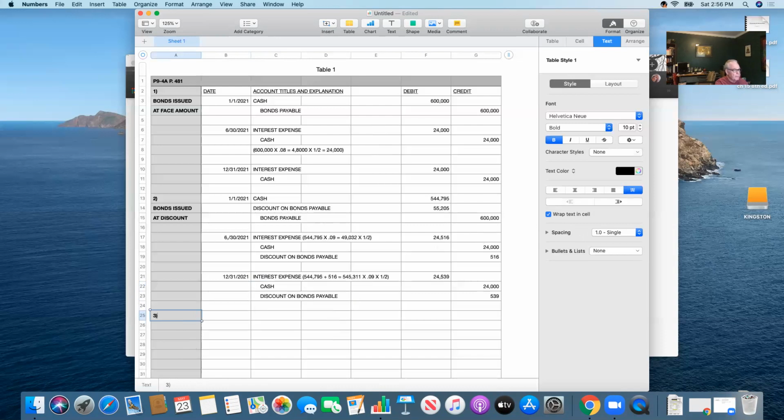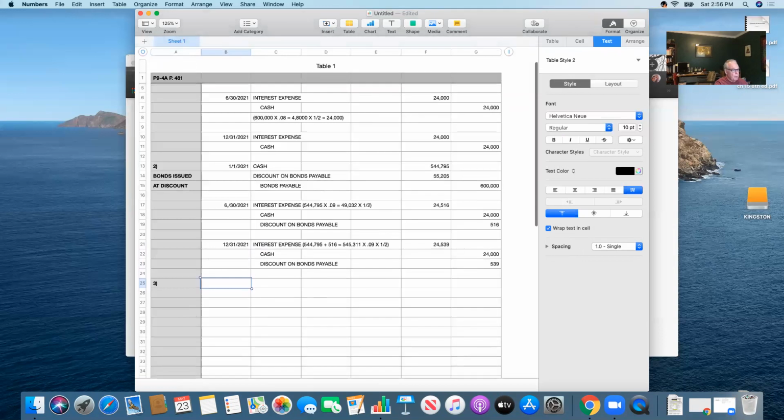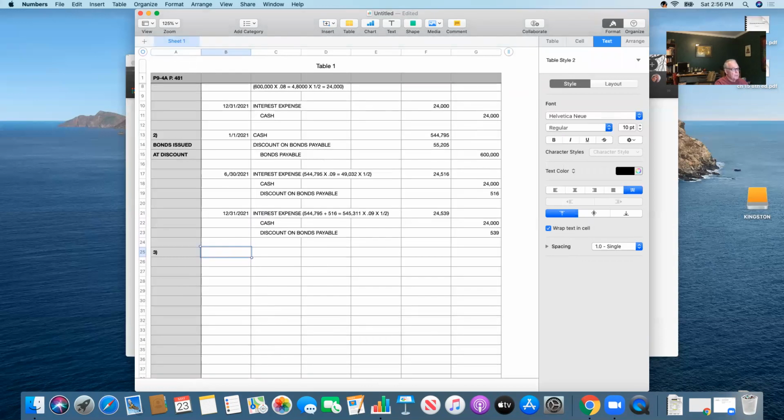Part 3. Part 3 is similar to Part 2, except that the bonds are being sold at a premium. So 1/1/21 you've got a debit to cash. Now look at the number that they tell you. 664,065.